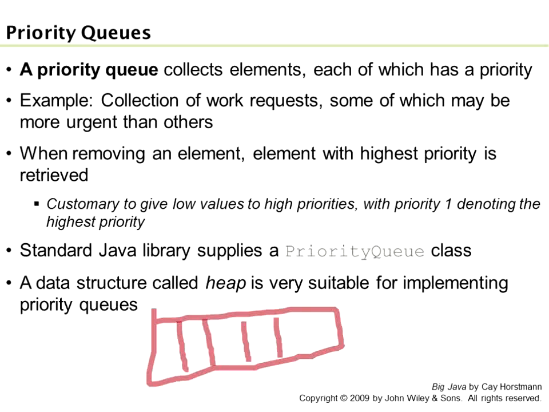Now, as you know that queue is first in, first out data structure. Okay. So if I have A, B, C, D, E, F, now they are inserted in this order, A, B, C, D, E, F. Now when you will remove these elements from queue, what will be the order?